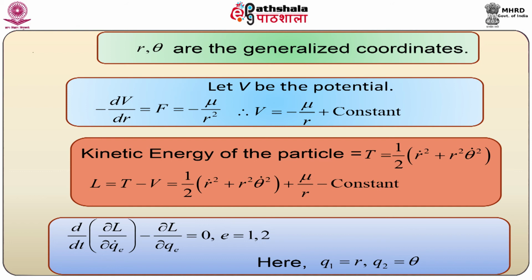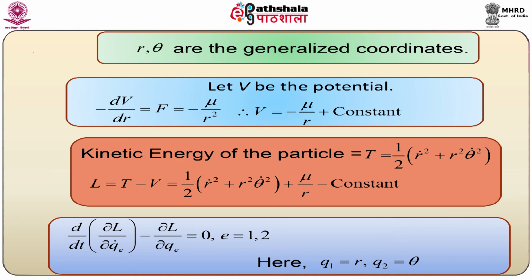Let us calculate the kinetic energy of the particle. Kinetic energy is denoted by capital T, which is equal to half into 1 into the square of the velocity. Here we have considered a particle of unit mass, that is why m equals 1.